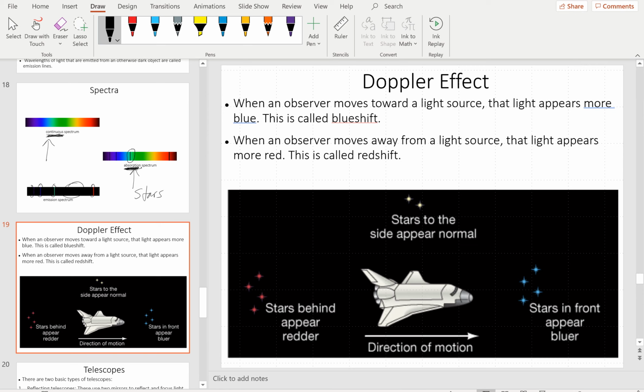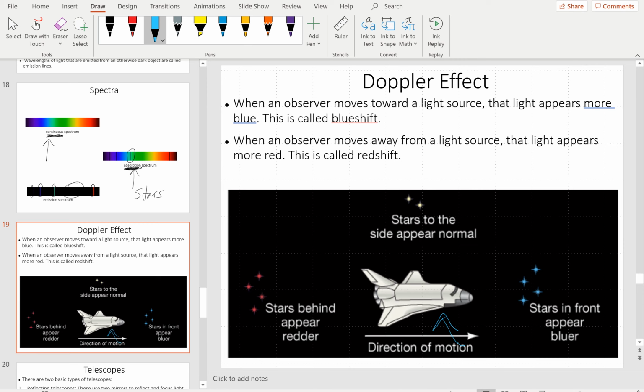The point here is that if you're not moving with respect to a star, then you can see the star's light as it would appear to someone, let's say, on the surface of the star. If you're moving toward the star, so let's say we're in the space shuttle and we're moving toward the sun really, really quickly, the Doppler effect says, it's a property of light, that the light that you observe from the sun will look bluer than it does to someone not moving with respect to the sun.